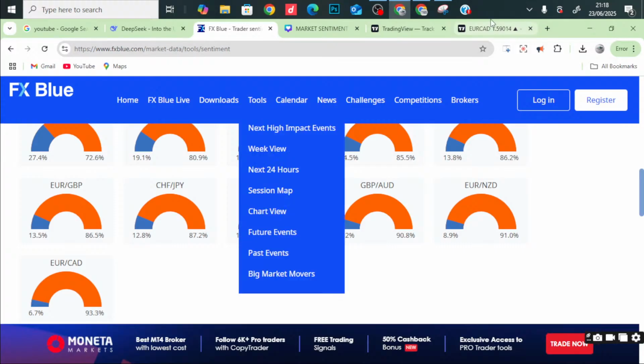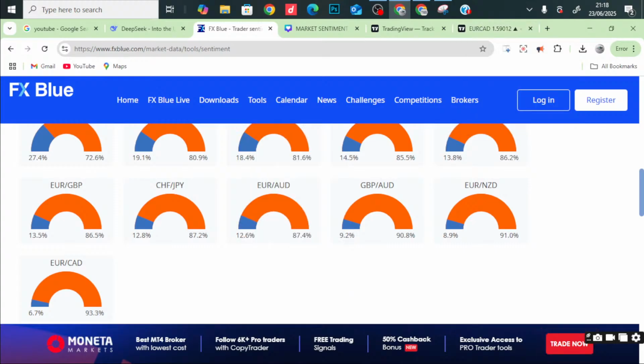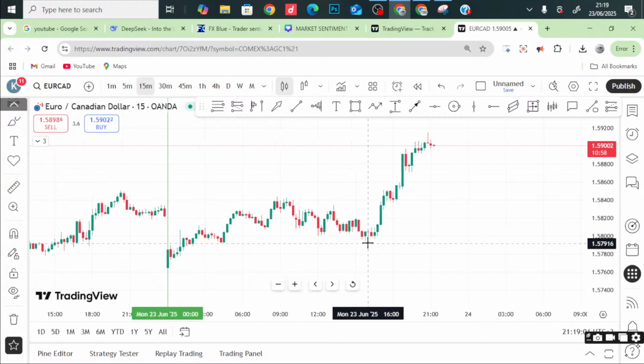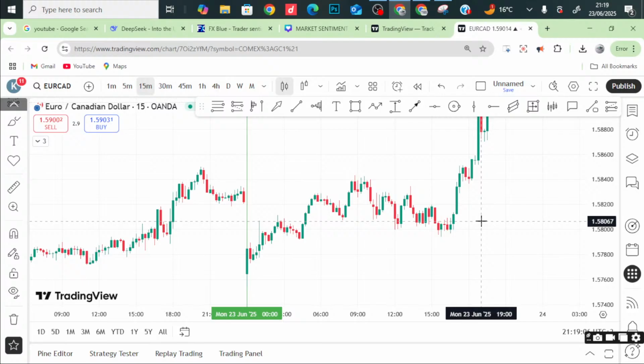That's the funny thing about sentiment. So it's advised to trade against the sentiment. You'll be in a profitable position if you take your position against the sentiment, in line with your analysis, because you'll be taking liquidity.